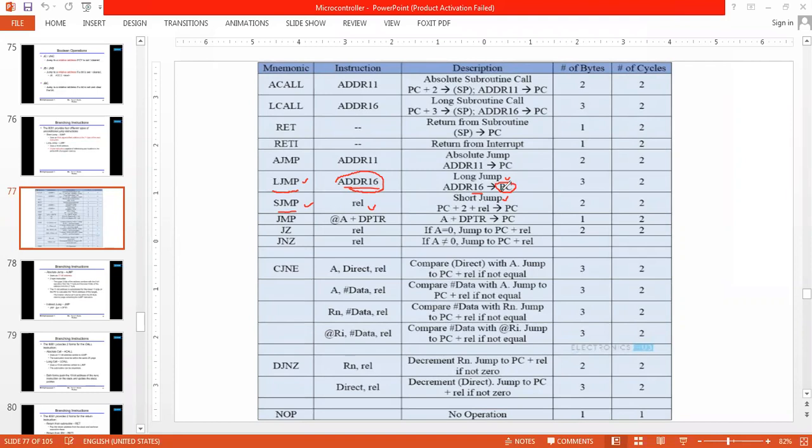It holds the address of the next instruction which has to be executed. So this new address will be stored into PC. Wherever the PC is pointing, the ALU will go, and whatever instruction is present at that address is going to be executed.